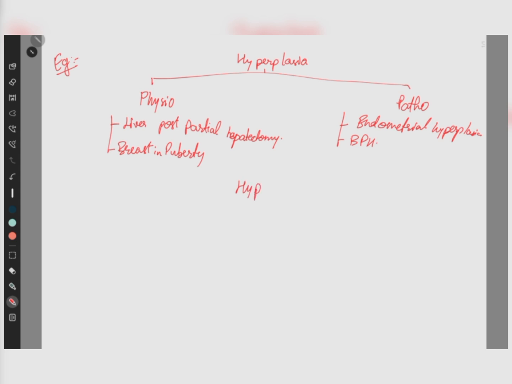Now let's see examples of hypertrophy. It is further divided into two categories, physiological and pathological. Physiological hypertrophy. First example is uterine myometrium in pregnancy.